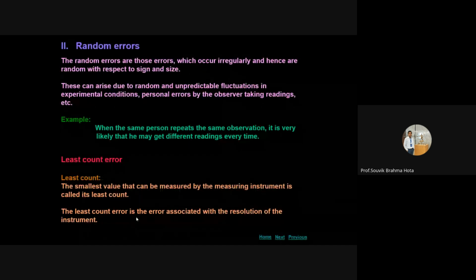So in that case, the smallest value is millimeter. Now if you are using a vernier caliper, you can get smaller divisions within that millimeter also. So the resolution of the instrument gets increased. If the resolution of the instrument gets increased, that means less chance of getting least count error.